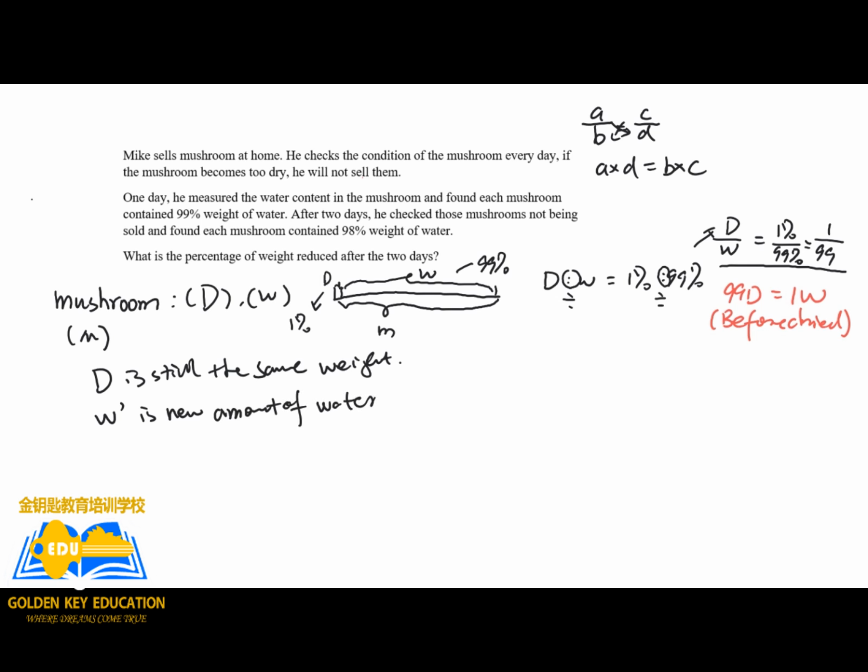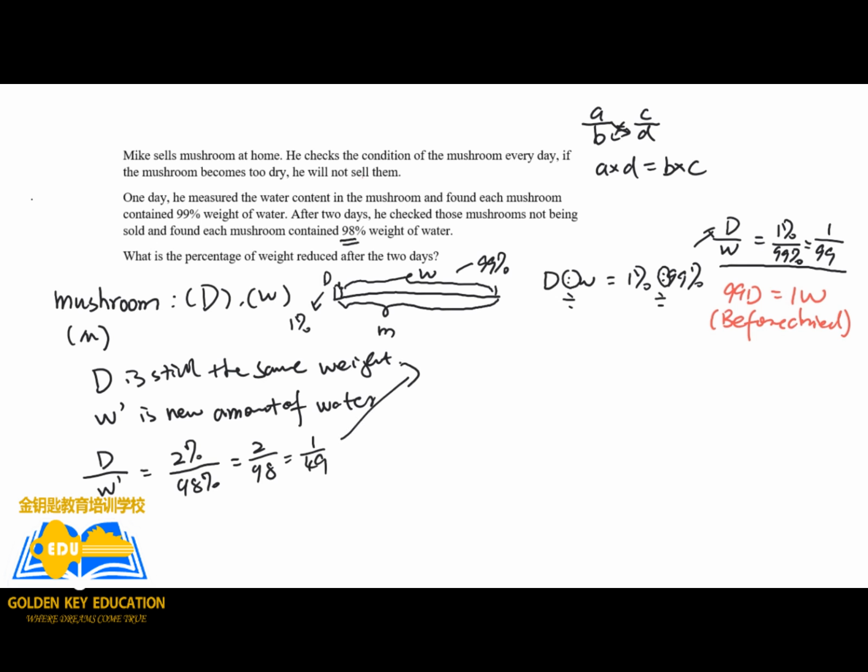Using the same strategy, D over W prime is equal to, this time, 98% water, so 2% dry mushroom weight. So 2% over 98%, or 2 over 98, or even better 1 over 49 if you simplify it.